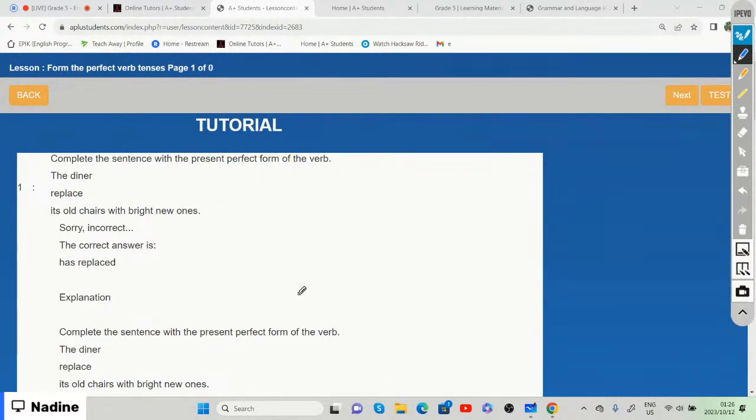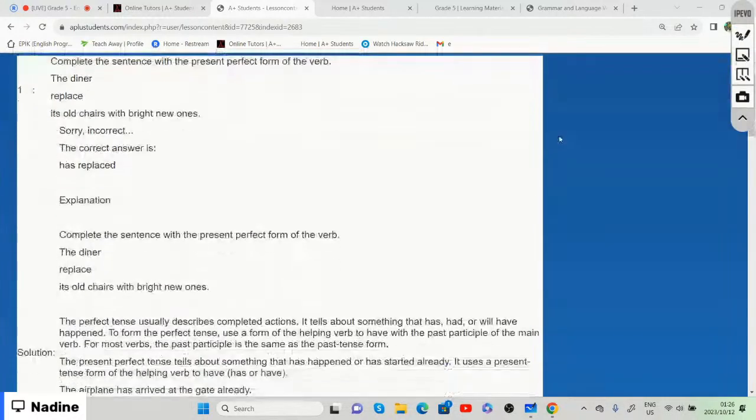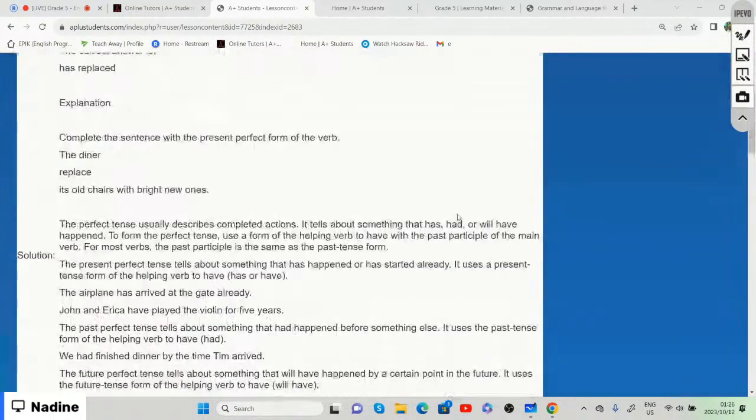All right. So we basically need to complete the sentence with the present perfect form of the tense. And I think we also need to add either has or have, had or will have, to basically complete that sentence, right?